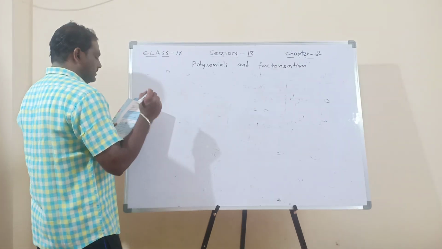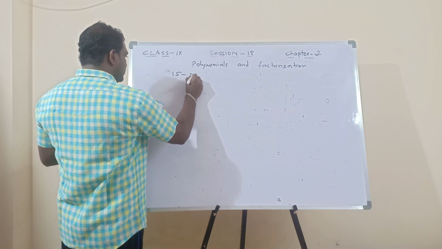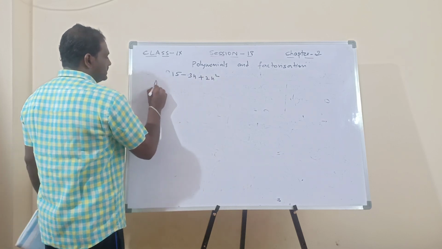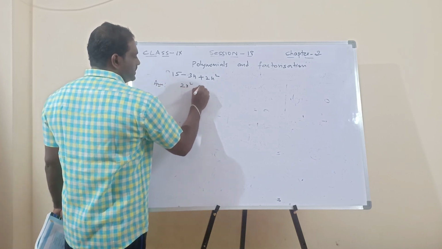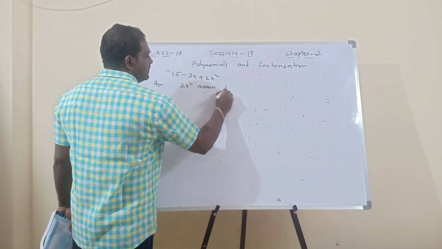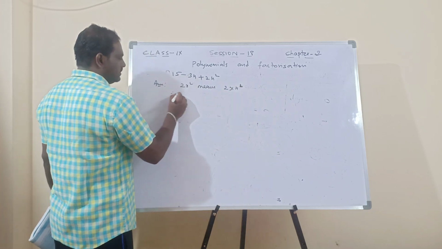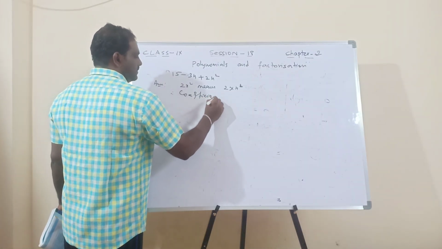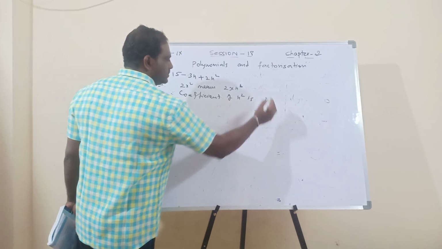Now the question is, write the coefficient of x square. 15 minus 3x plus 2x square. So the answer, we have to take the term 2x square, which means 2 into x square. So therefore coefficient of x square is 2.